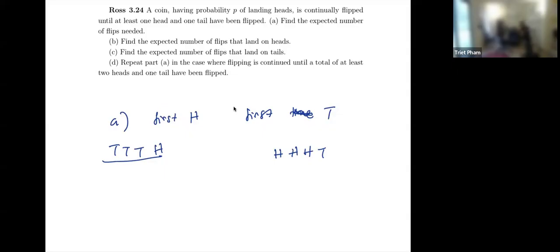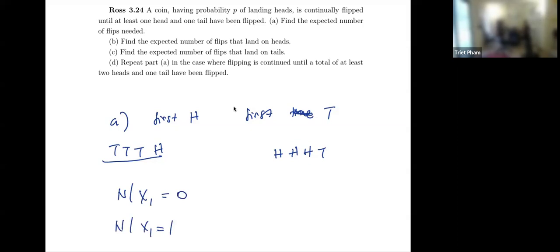But we should exactly condition on, let's call it N, the result of the first toss. The first toss is a tail, or the first toss is a head. Exactly.